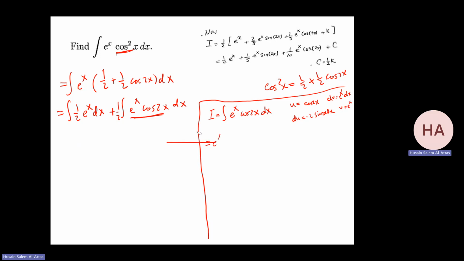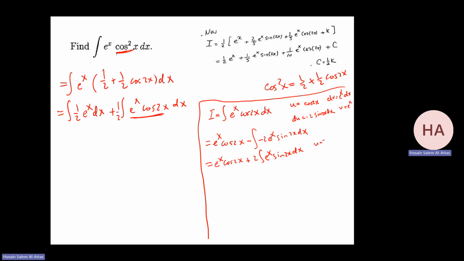So that will be e to the power x cosine 2x minus the integral of minus 2 e to the power x sine 2x dx. I need to do by parts again, or let me rewrite this: e to the power x cosine 2x plus 2 times the integral of e to the power x sine 2x dx.